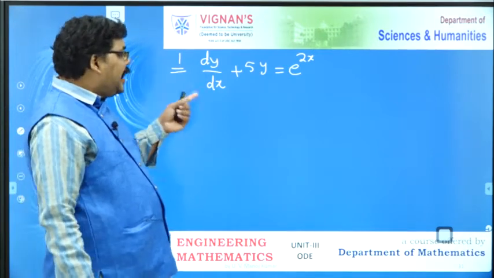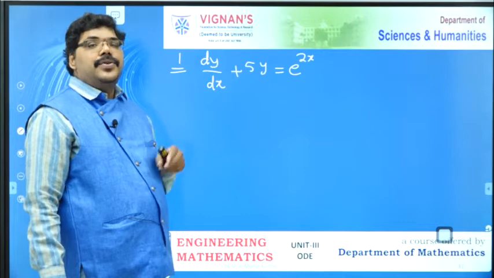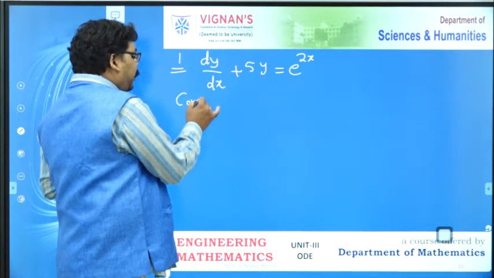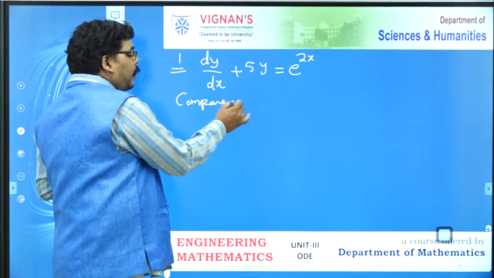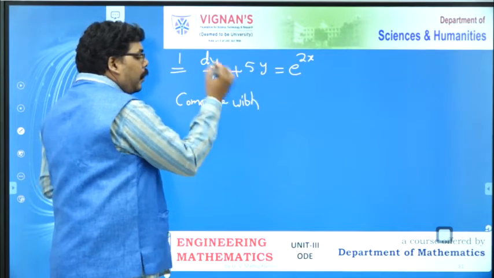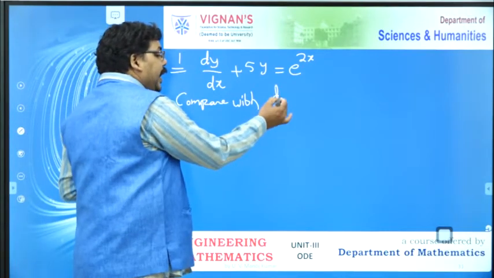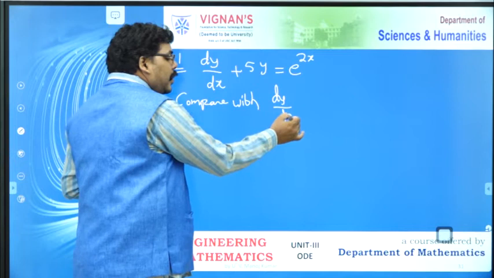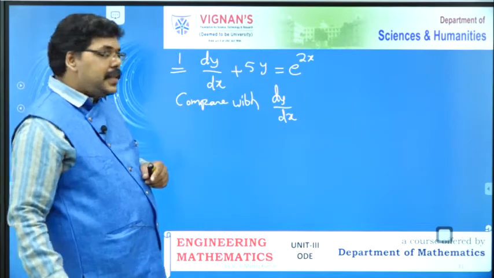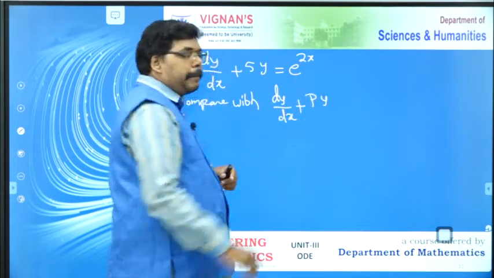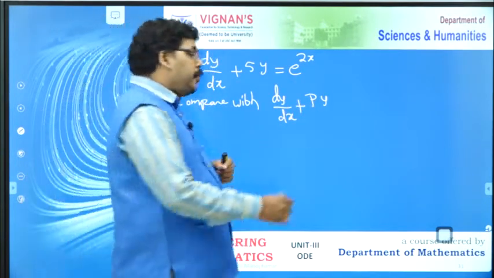So, is it linear? Compare with standard form. What is standard form? dy by dx plus py equals q.